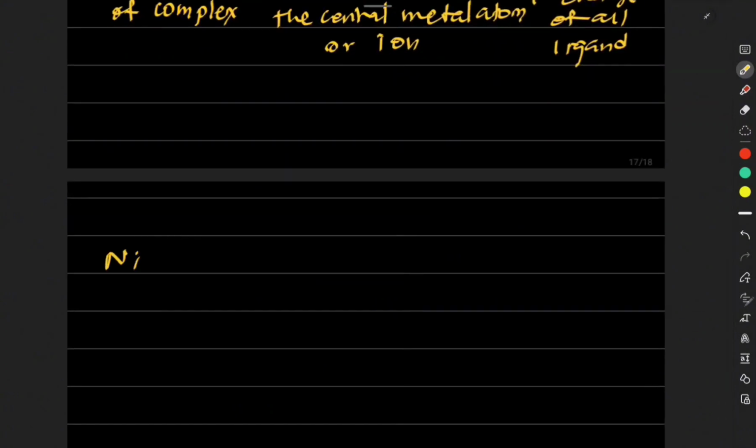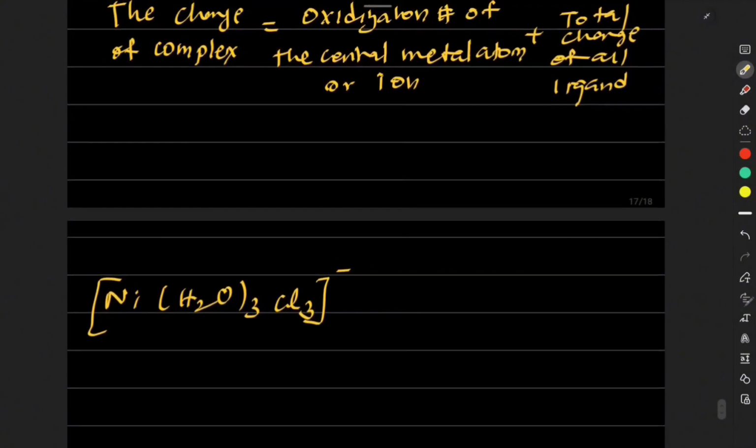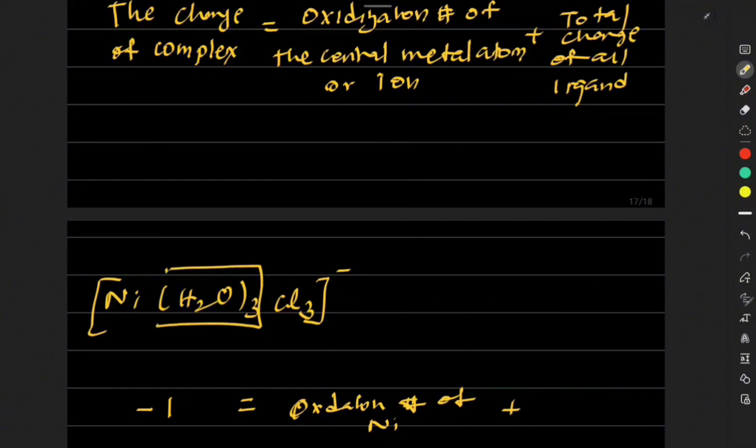Take the complex with nickel, H2O, and 3Cl. Here we know the charge of the complex ion, and let's take it as minus 1. It is equal to the oxidation number of nickel plus the total charge of the ligands.